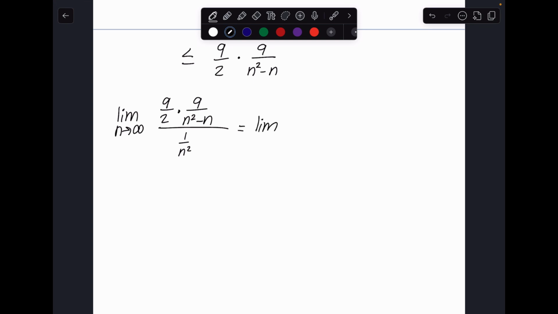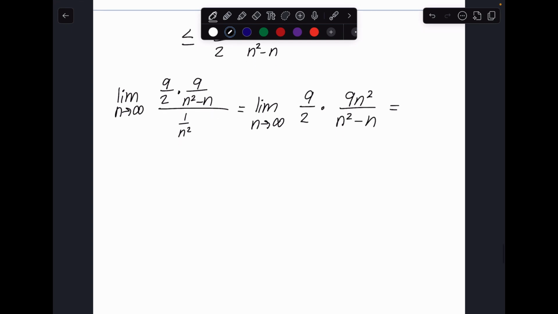I get this is equal to limit n goes to infinity of 9/2 times 9n squared over n squared minus n. And this limit's going to be 81/2, which is a non-zero finite number. So whatever happens to 1 over n squared when I look at the series is going to happen to this guy when I take the series.